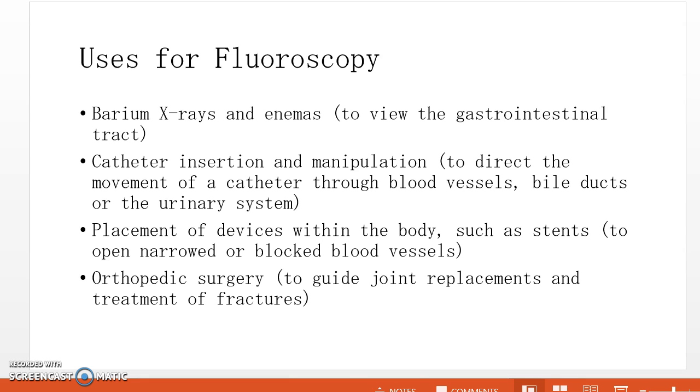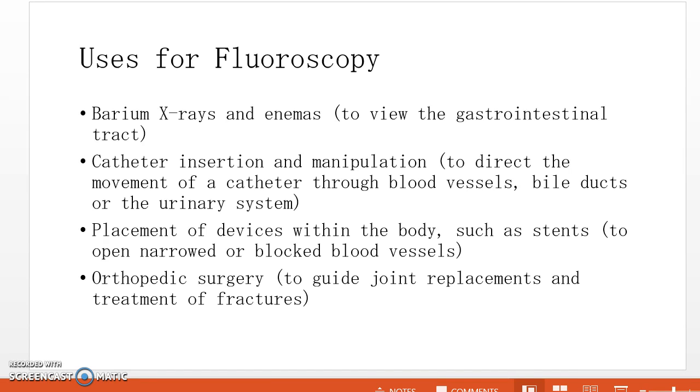So when I was doing research, I looked up some reasons why fluoroscopy would be used. The most common one that is known is a barium X-ray and enemas. So this is to view the gastrointestinal tract. There could be, I forget the word, two contrasts to see what's going on in the gastrointestinal tract.